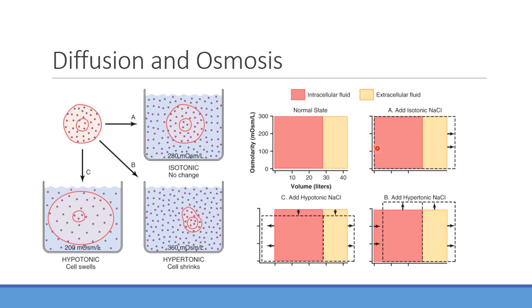So imagine I have my patient. I'm looking at the extracellular fluid here in the yellow, and we want to see my intracellular fluid here in the red, or the kind of pinkish color here, right? So again, if I'm looking at my osmolarity, usually let's say around 300 or so for a person, and then I'm looking at the actual volume in liters I'm seeing here. So imagine I were to give, say, an isotonic sodium chloride, isotonic would be 0.9%, right?